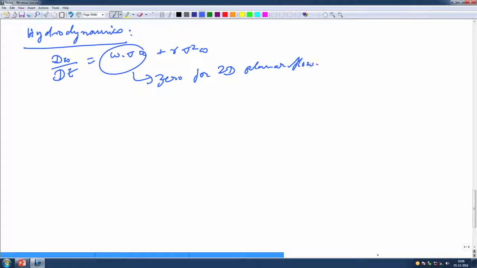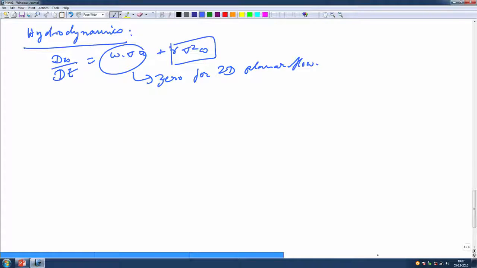That is because your vorticity is pointing out of plane, whereas your u is the in plane component. So, the dot product between the two is going to give you a 0 quantity, but the viscous term obviously will be retained. So, that is strictly the vorticity transport.